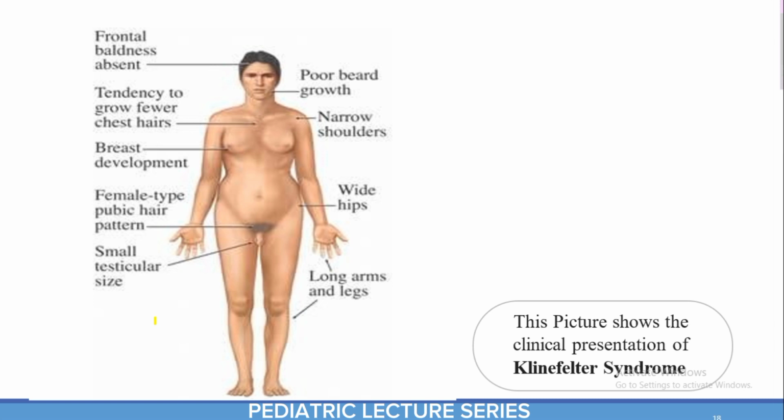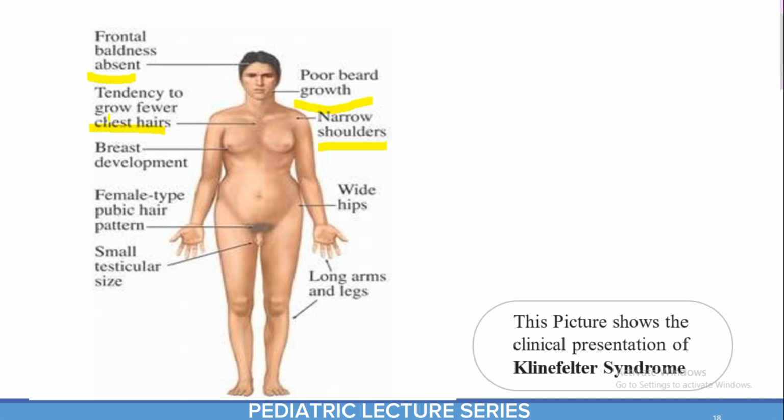So this picture summarizes the features that are present in a man with Klinefelter syndrome. Frontal baldness is absent, and there is poor beard growth, which is not normal for a male who is supposed to have fast beard development. Then there is a tendency to grow fewer chest hairs, and then narrow shoulders. A man who is genetically well developed is supposed to have broad shoulders.